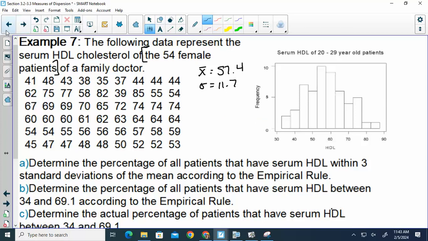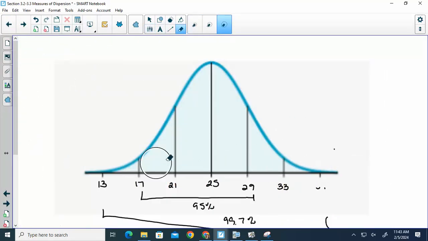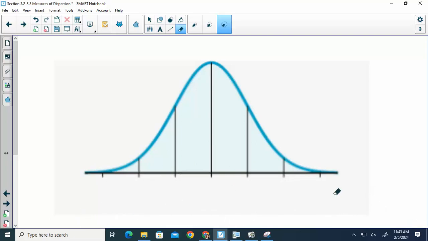All right, so if we want to think within 3 standard deviations of the mean, right? It can be helpful if you're struggling at all on these to draw yourself a picture. So our center was 57.4, and a standard deviation was 11.7.